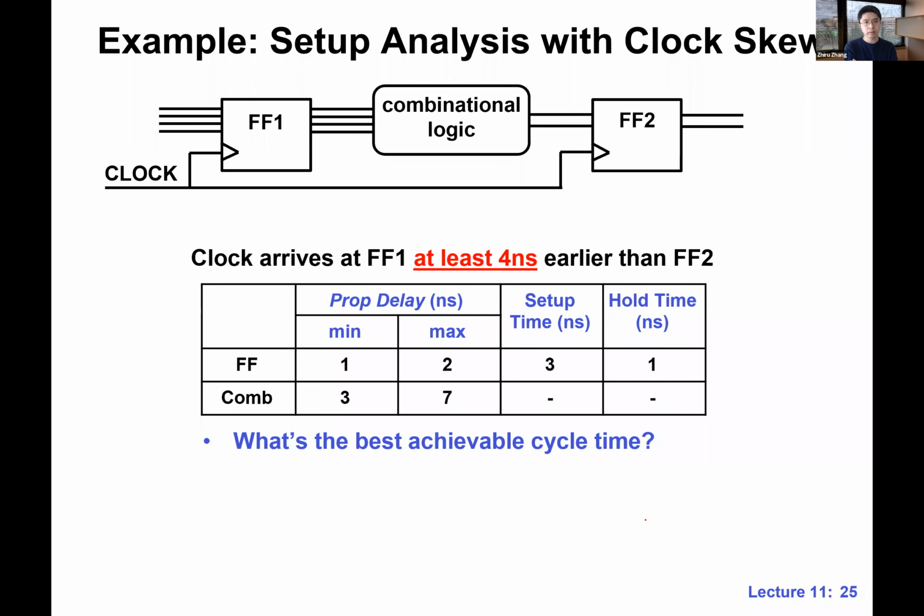Is this a harmful skew or beneficial skew? Beneficial. This is positive, FF2 sees the clock later than FF1. All right, so that's that. What is the best achievable cycle time?